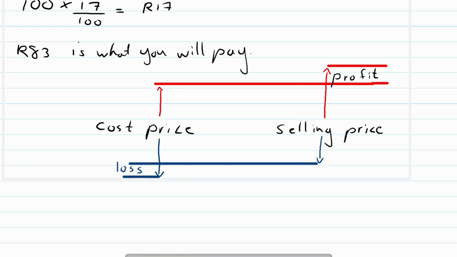In other words, it cost you 100 Rand to buy a pair of shoes and you are selling it at 90. That means you made a 10 Rand loss. But in the second example, let's say you bought shoes for 100 Rand and you sold it for 120 Rand. That means you made 20 Rand profit.